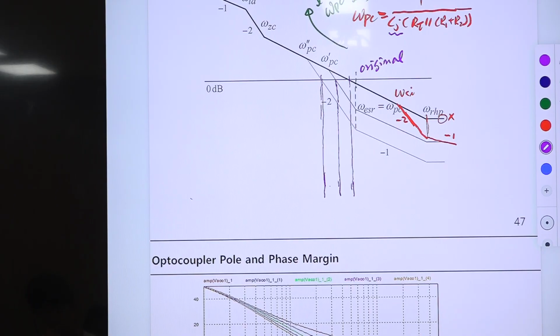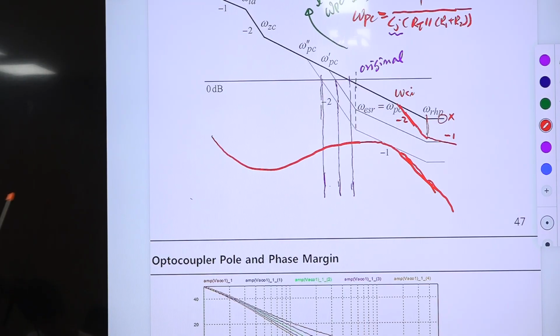So think about the phase. The phase is initially here; it was not easy to draw this. Because you have -1 and -2, the phase is something similar to this, and it stays at the -1 slope, so maybe around 90 degrees, and it goes down like this. Here we have a slope and a rapid slope.